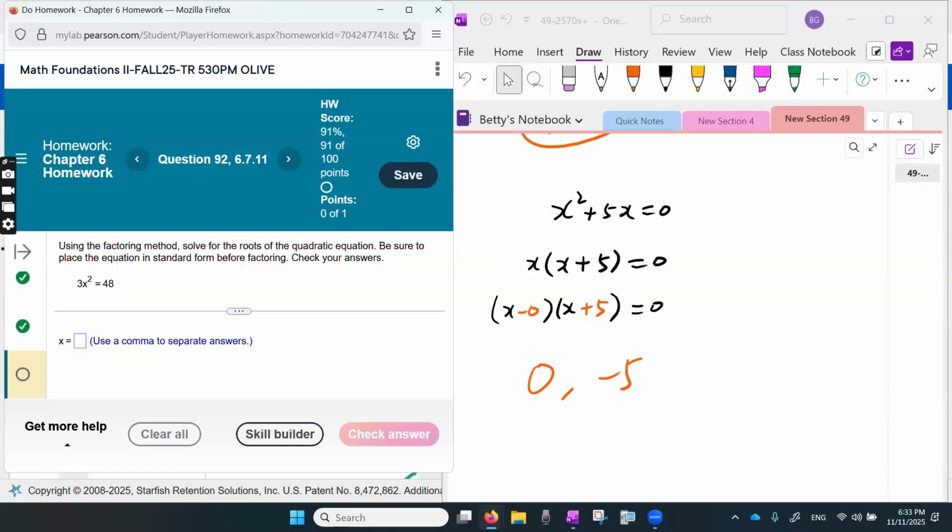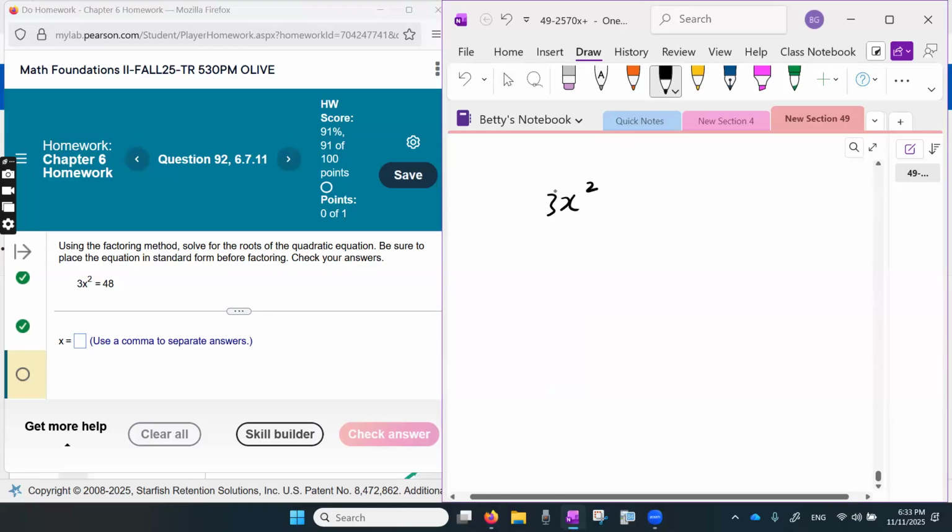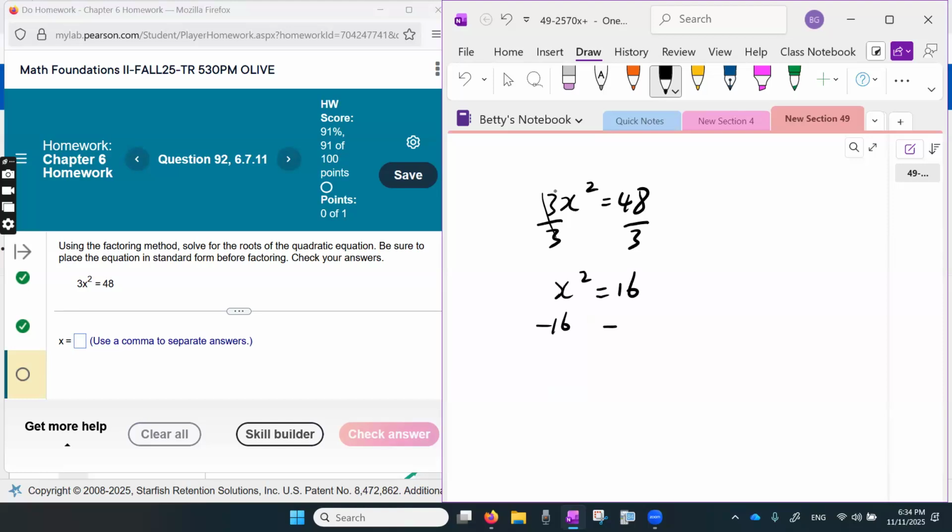Okay, this one, 3x squared equals 48, right? I think we can divide out 3 first. 3 goes into 48 16 times, right? So we have x squared equals 16. Minus 16 from each side, we have x squared minus 16 equals 0. Right side is 0.